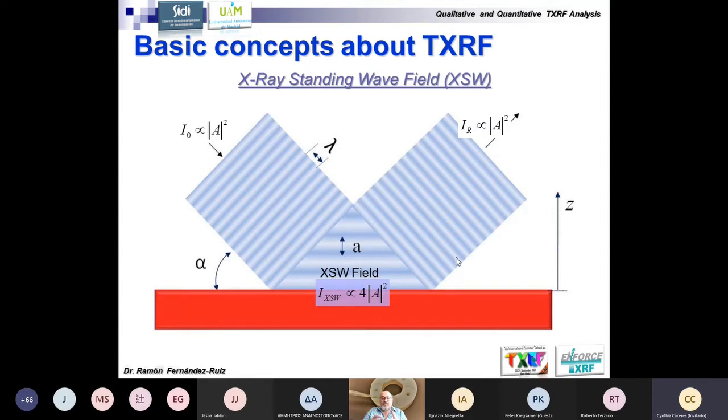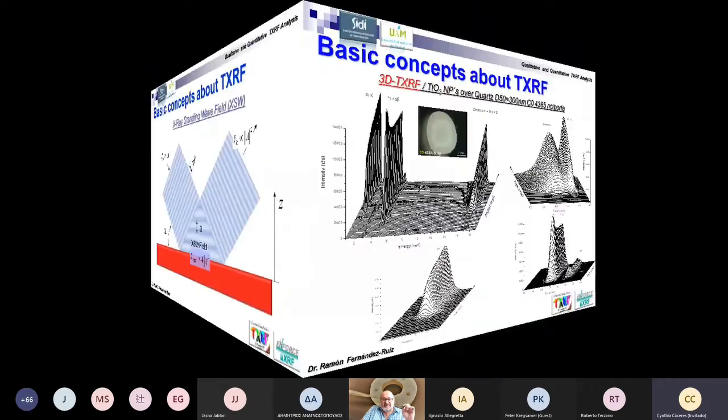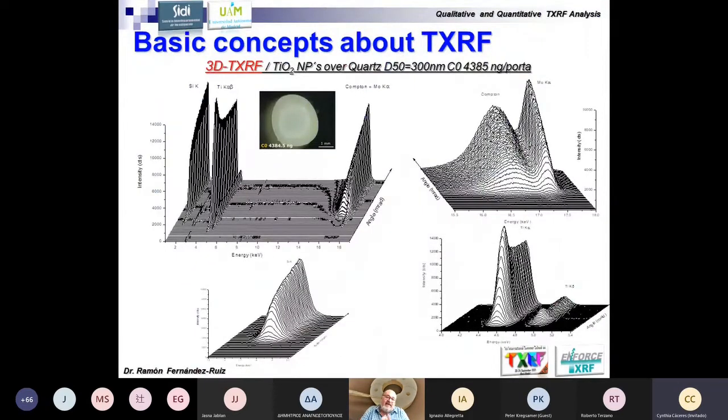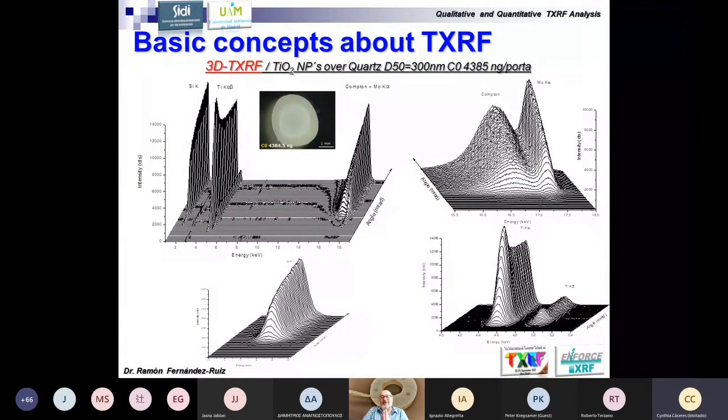So this region is an amplifier of intensity. So the atoms that are inside are going to be amplified with very high effectivity. And this is the special key of TXRF. And this is a gift that I want to give you.